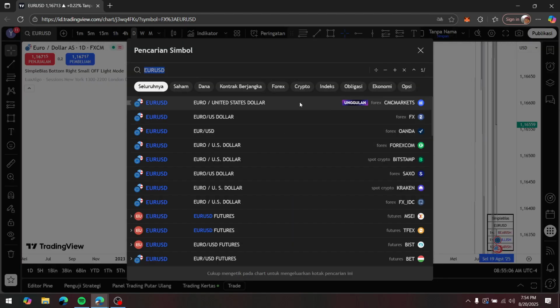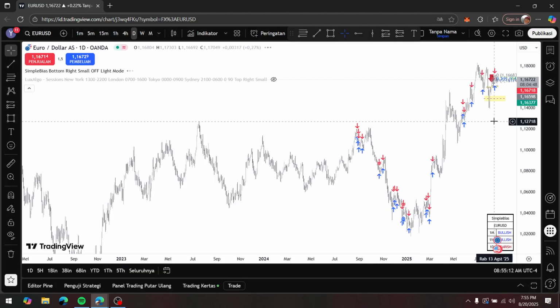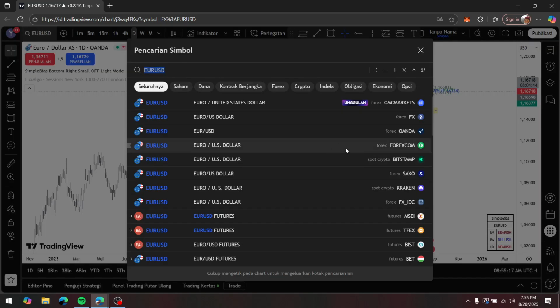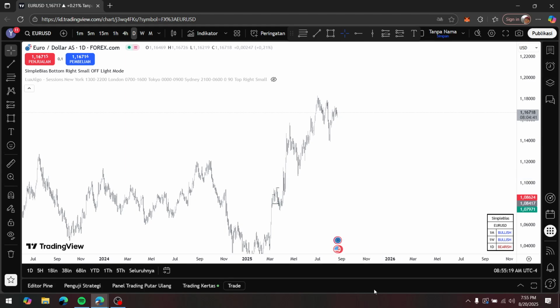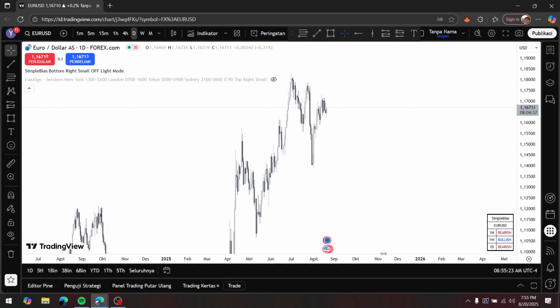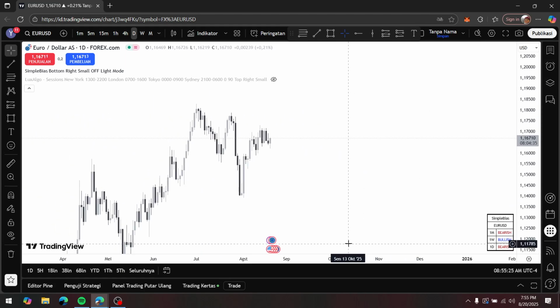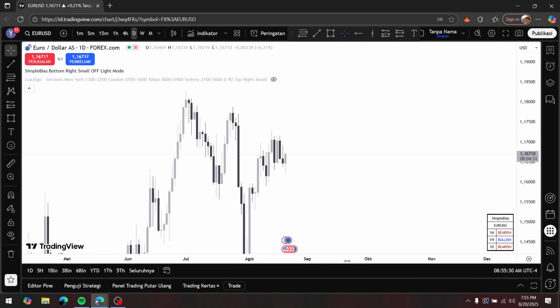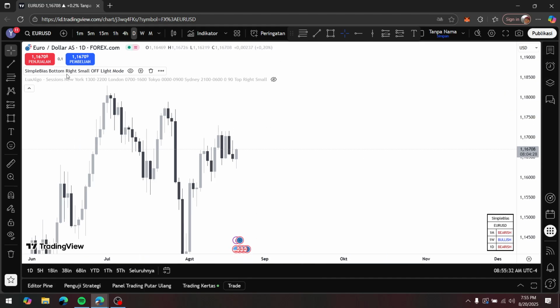So you can check another, Euro USD in other market, Forex.com. First thing I check the daily, and I use the fair value gap, the imbalance. This is where we are right now.